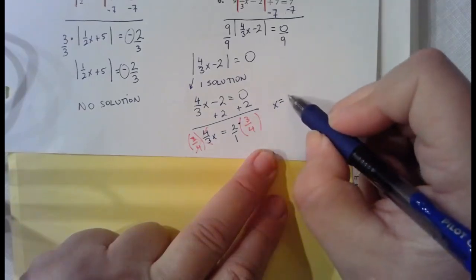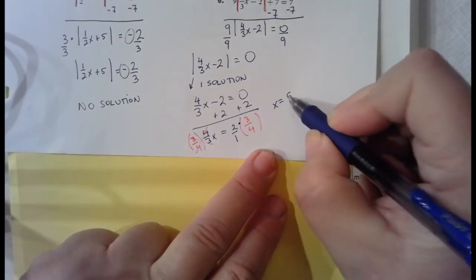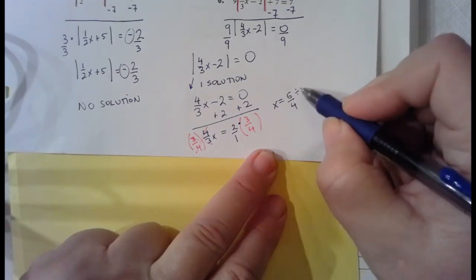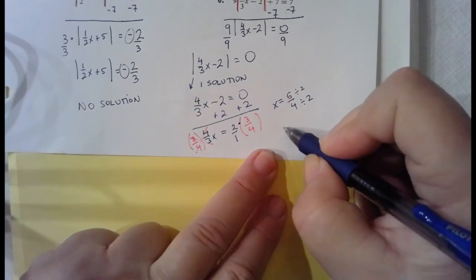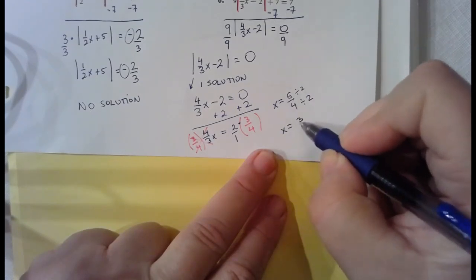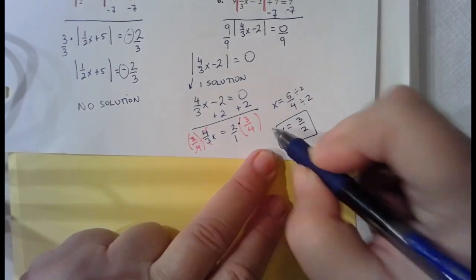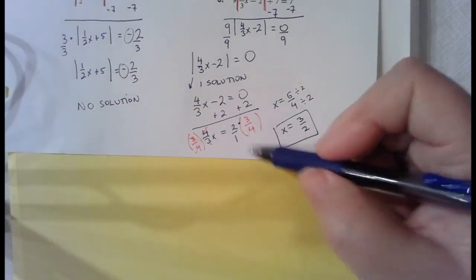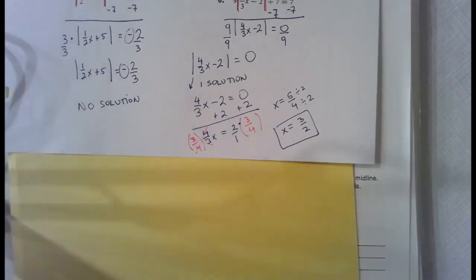So 2 times 3 is 6 over 4. And now you can reduce, so you can divide both by 2. So x is equal to 3 over 2. Or those of you who want to reduce, you reduce 2 and 4, and you get 3 over 2 right away as an answer. Okay?